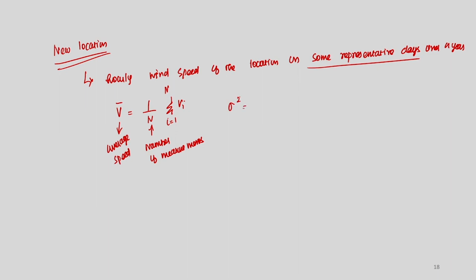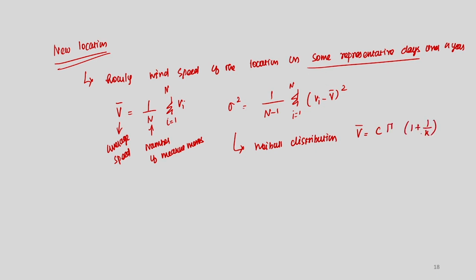The formula is sigma square equal to 1 upon n minus 1 times the summation from i equal to 1 to n of the deviation, right. So, how much that particular location deviates from the average. Then after calculating this, you go back to the Weibull distribution, where V bar is nothing but c gamma of 1 plus 1 upon k. Here k and c are the Weibull constants, shape factor and scale factor.